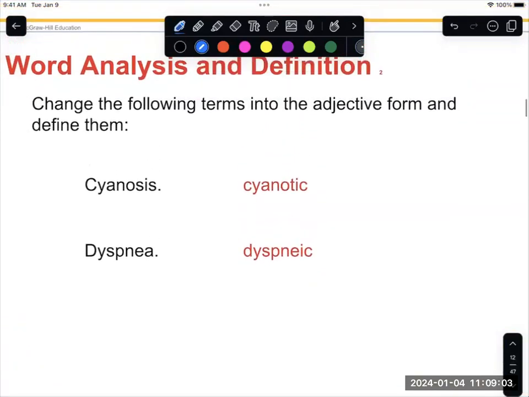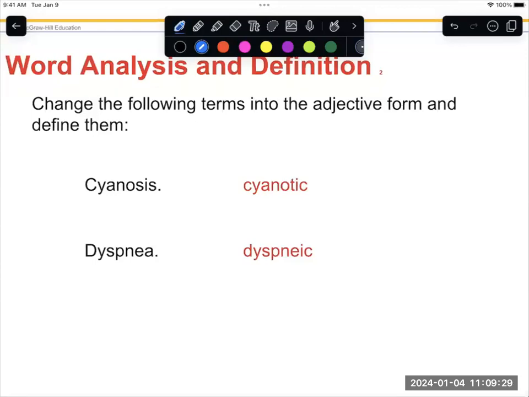Okay, let's look at these words. Cyanosis means a blue discoloration of the skin, lips, nail beds caused by hypoxia. Cyanotic, that adjective form, means pertaining to the blue discoloration of cyanosis. Dyspneic or dyspnea means difficulty breathing.